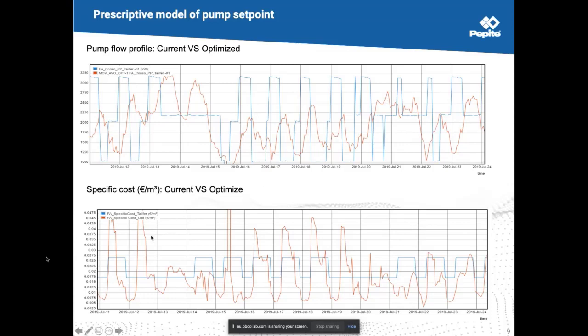And at the same time, if we calculate here the cost, so the specific cost, so what it costs to produce or to distribute this amount of water, you see that we have a pretty different shape. You see that there is more volatility. And at the end, we have calculated that if we can use a balancing market as well, we would be able to save 25% of the cost of the water distribution.